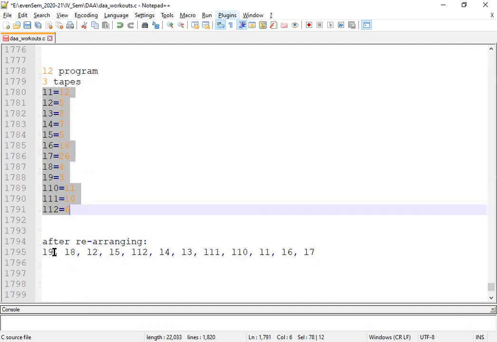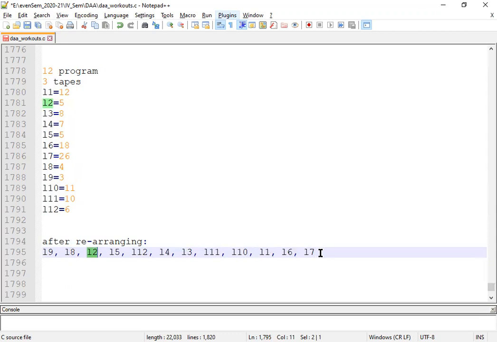That is L9, L8, L2, L5, L12, like that up to L7 we get. Since we are given 3 tapes, I can name the first one T0, the second T1, and the third T2.